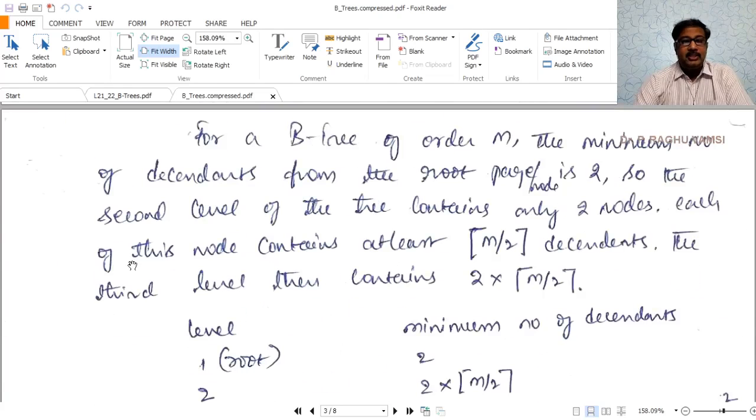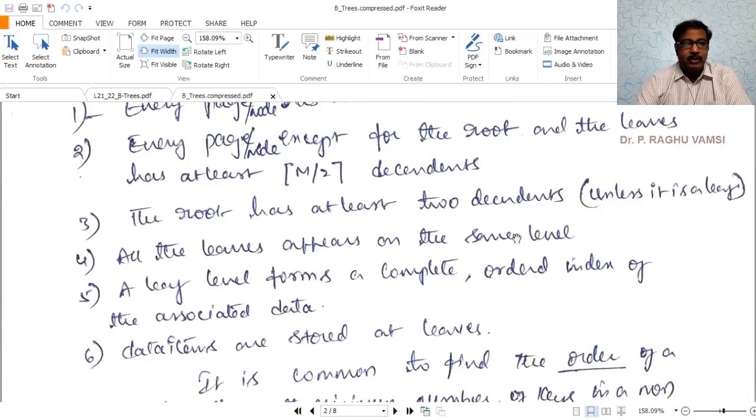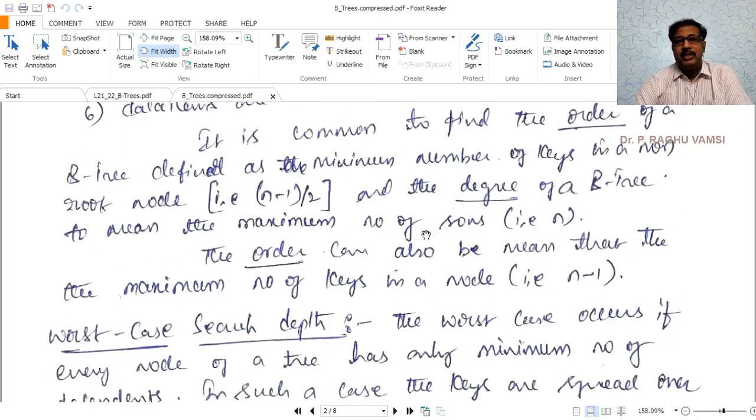In such cases, for a B tree of order M, the maximum number of descendants from the root page or root node is 2. The reason is we have defined here that a root has at least two descendants. At least. So in the worst case, assume that a root has at least two descendants.